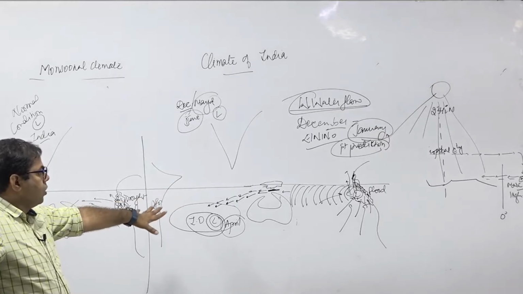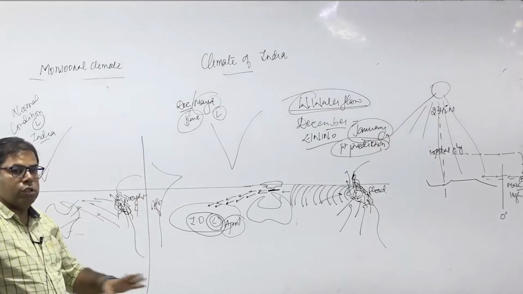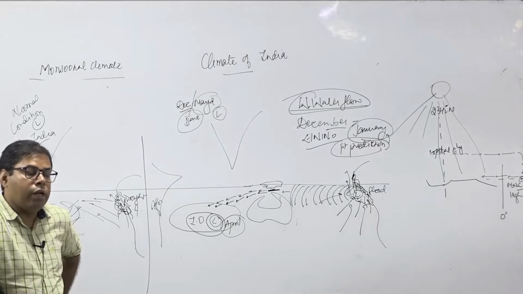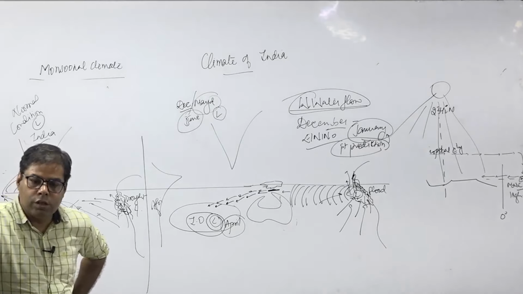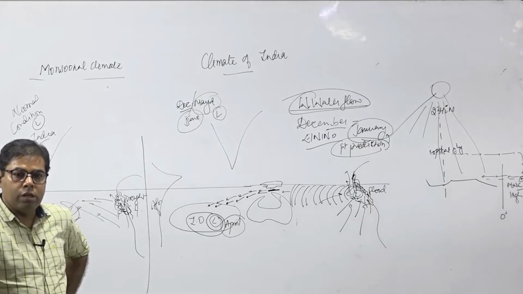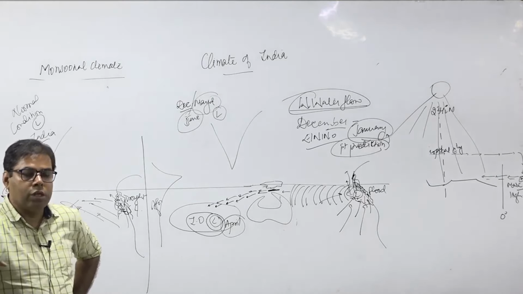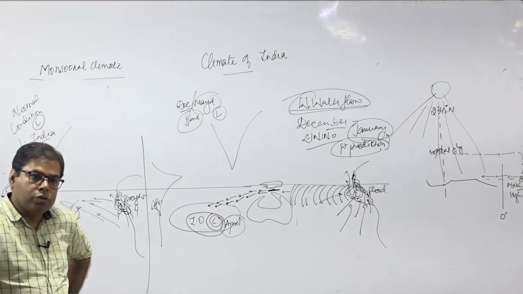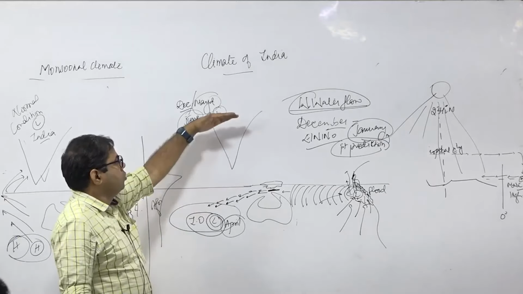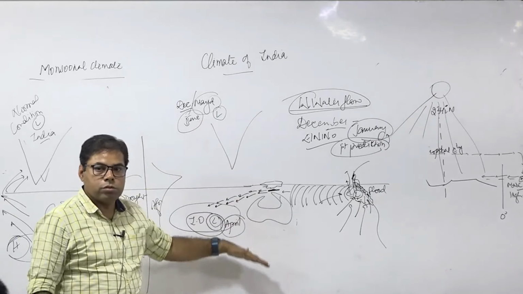Arrival of the warm water flow in the Indian Ocean delays the departure of the monsoon wind, and if the monsoon wind reaches India late, there will be a weak monsoon. By the time they reach India, it is the time of departure of the monsoon.